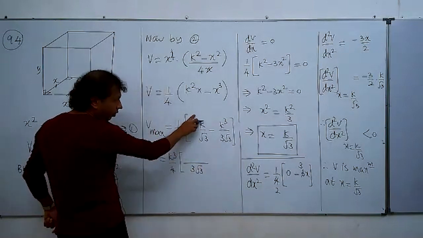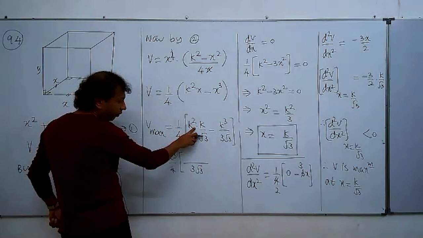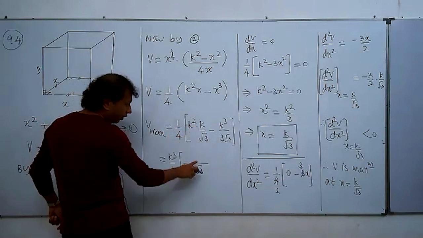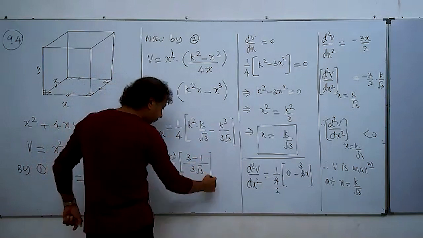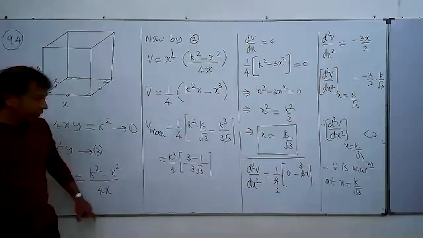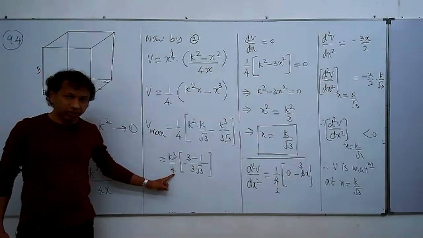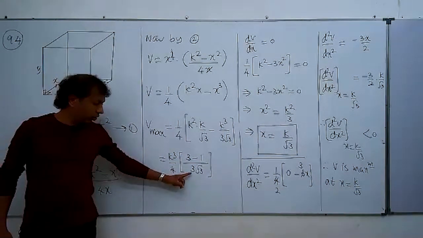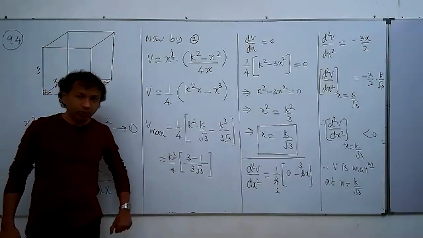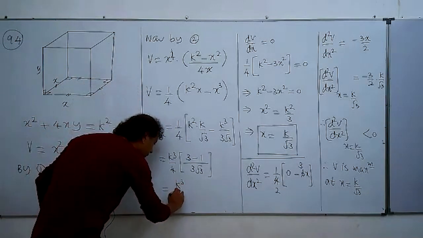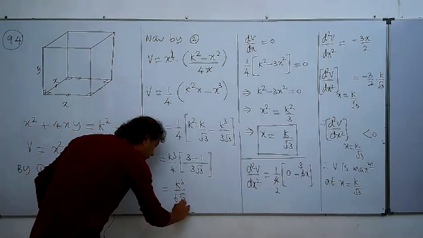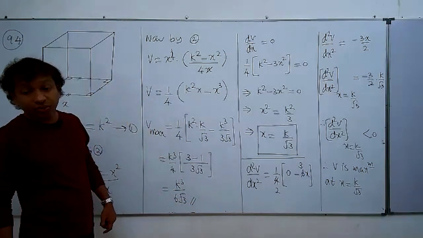Then here we now have 1. When you take 3 root 3 as a common denominator, here we get 3. Here we have minus 1. Then 3 minus 1 is 2. This 2 and this 4 you can cancel down. Here we get 2. 2 into 3 is 6 root 3. K cube upon 6 root 3 is the maximum volume of the box.